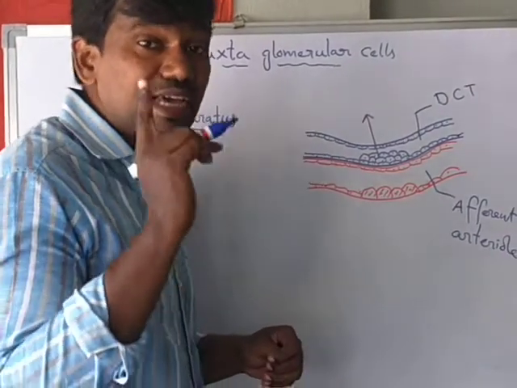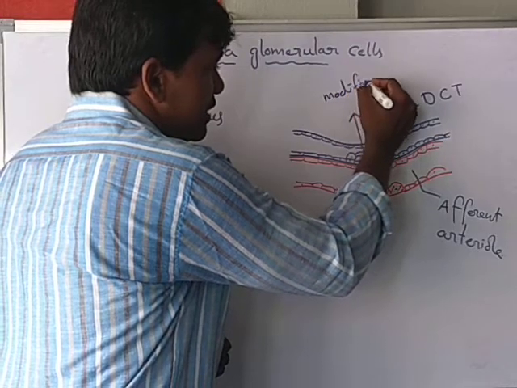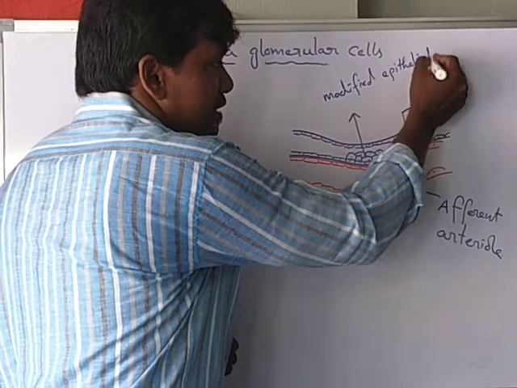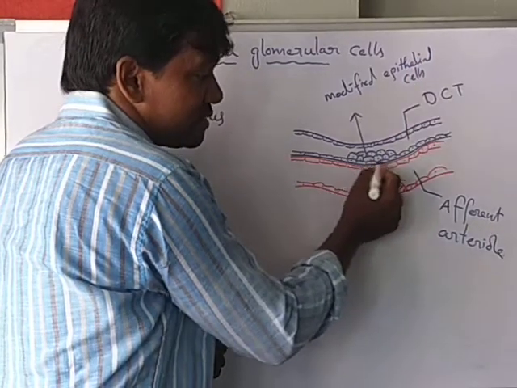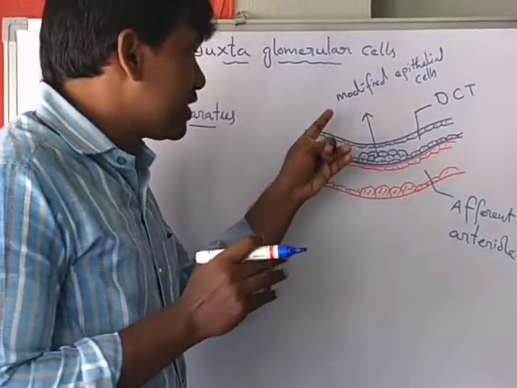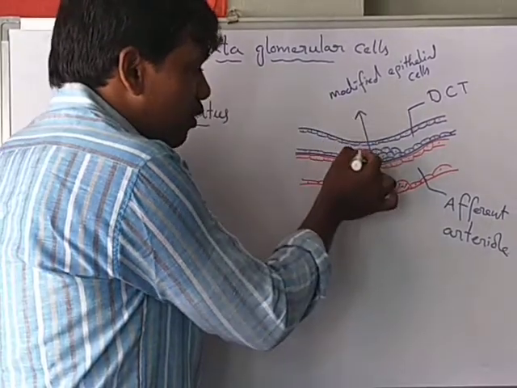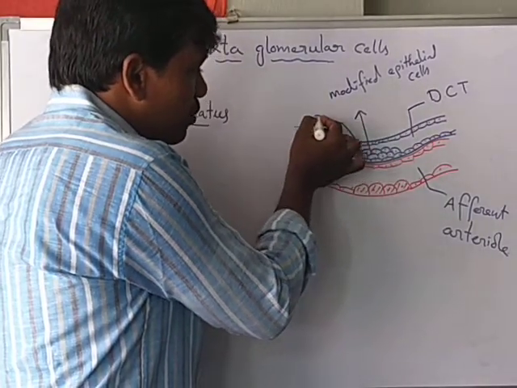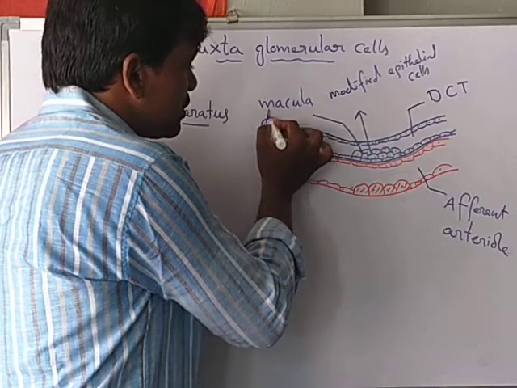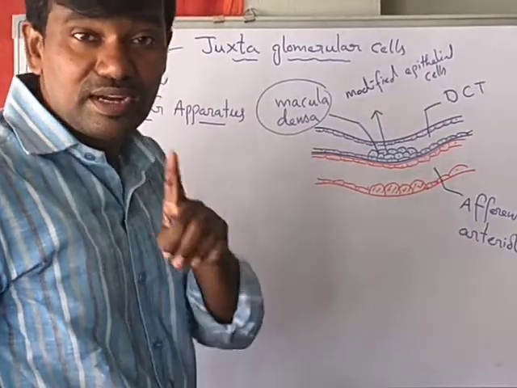The crowded modified epithelial cells present in the wall of the DCT are called the macula densa.